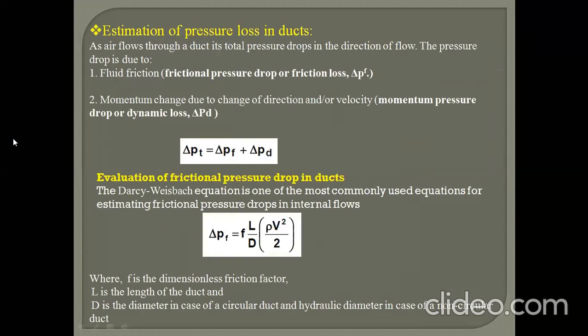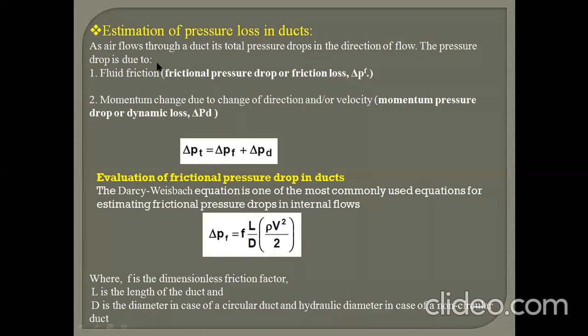Out of these losses, the two important losses that we are going to discuss: first is fluid friction, which we call the friction losses, delta PF, that we discussed in quite detail, and the second loss is the dynamic losses, which is denoted by delta PD.